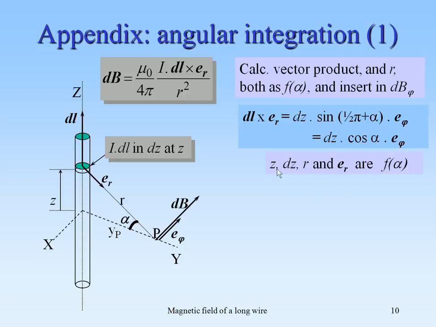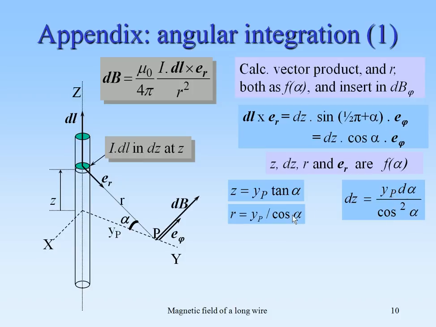Now we calculate z, dz, R and e_R as functions of alpha. z is y_P times tan alpha. So dz is y_P d alpha over cosine squared alpha. R is y_P divided by cosine alpha.